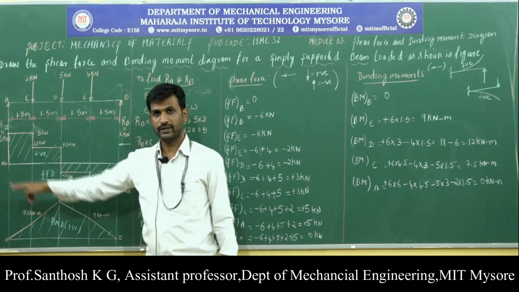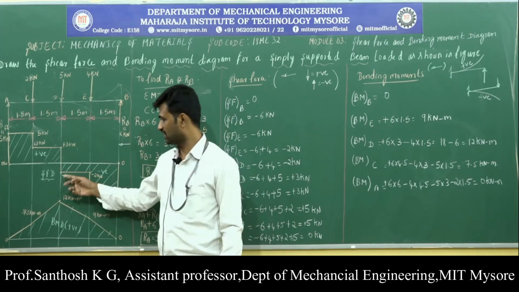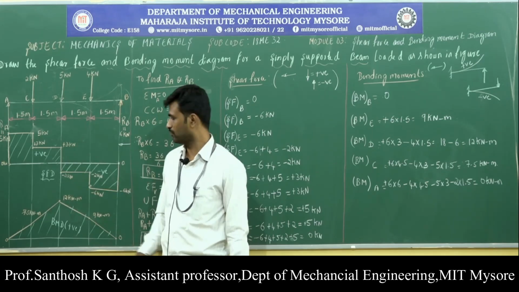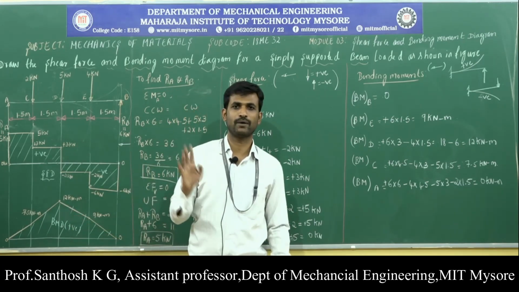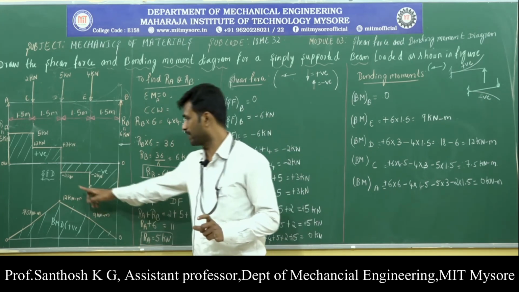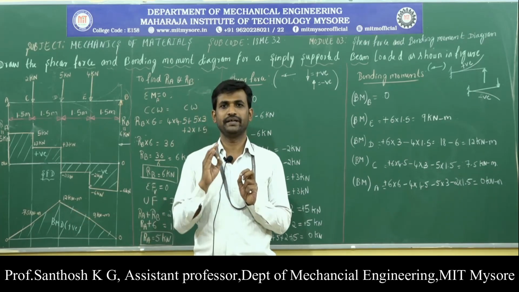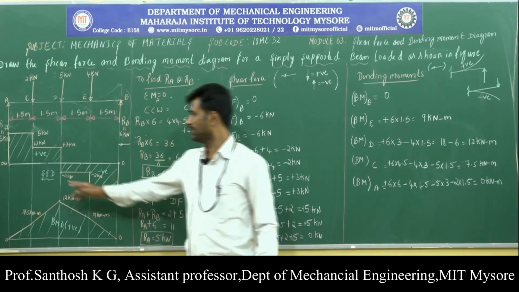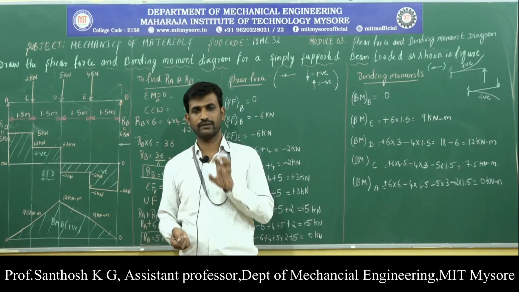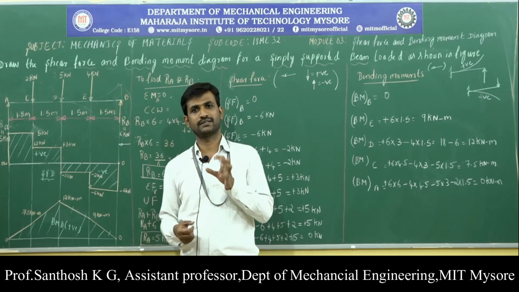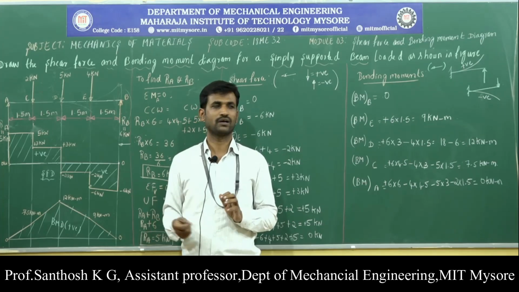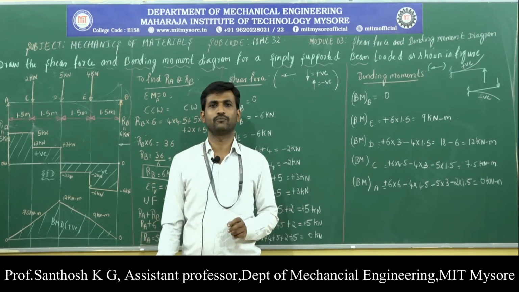So if the shear force changes its sign, either from negative to positive or from positive to negative, there we get a maximum bending moment. So the next point you should remember is that we get a maximum bending moment at a point where the shear force is changing its sign. You need to remember these 3 points, and these 3 points will help you to solve the remaining problems on the shear force and bending moment diagram.